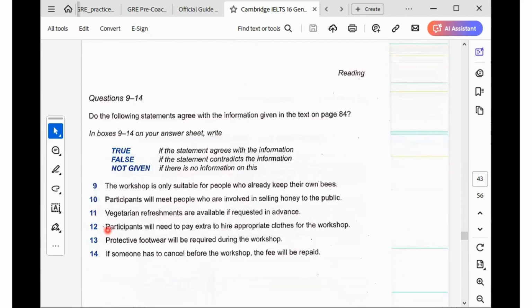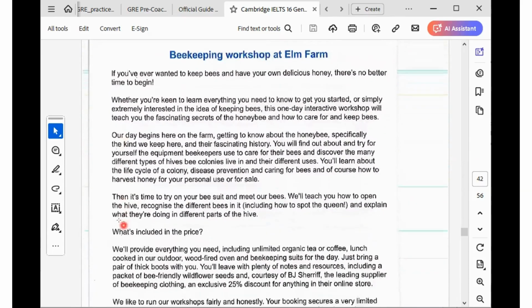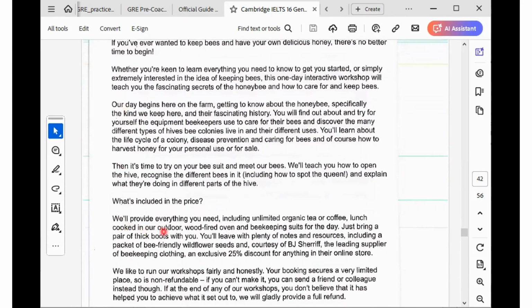Number 12, participants will need to pay extra to hire appropriate clothes for the workshop. Clothes. I saw clothes. Beekeeping suits. It is included in the price. So they are not talking about paying anything extra for the clothes.